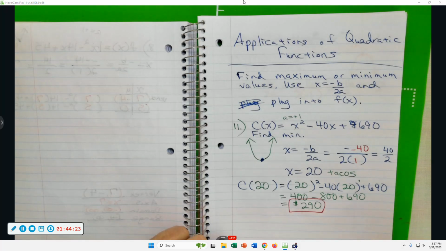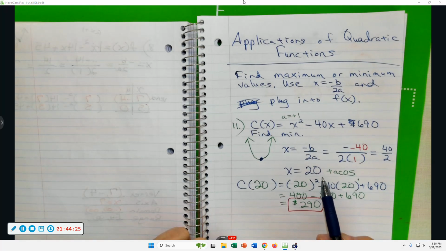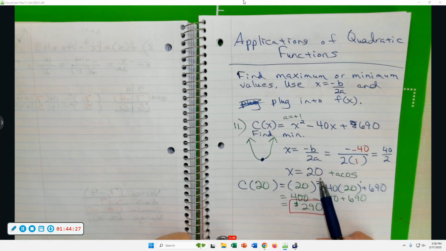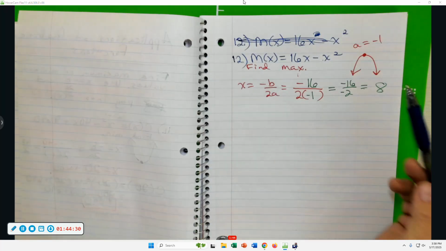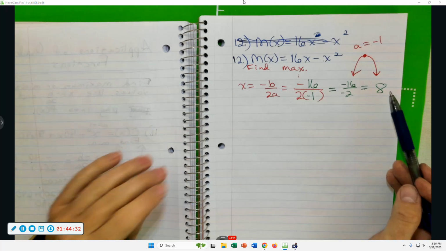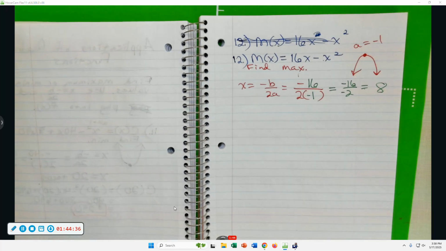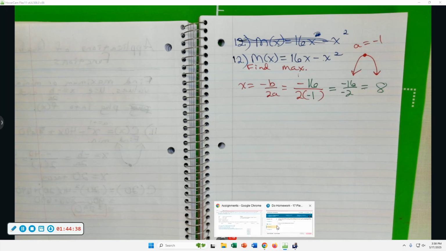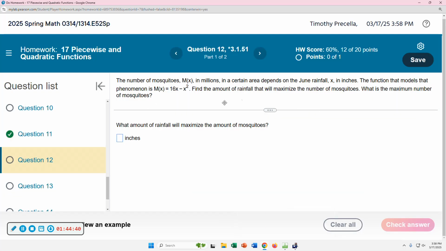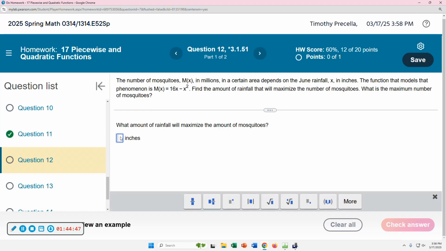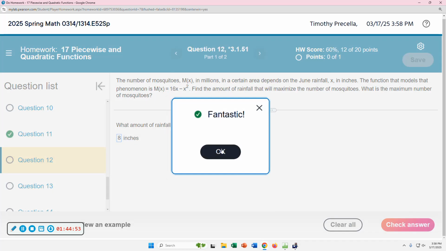For these word problems, you better make sure you're getting a sensible answer, which means a non-negative x value. So x is the number of inches of rain. That is not saying 8 million mosquitoes. X is the number of inches of rain. So we know how much rain there needs to be to maximize the number of mosquitoes. There should be 8 inches of rain.